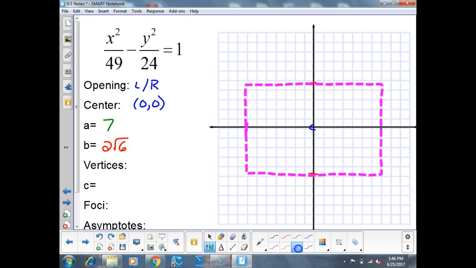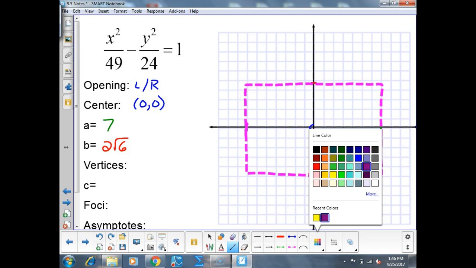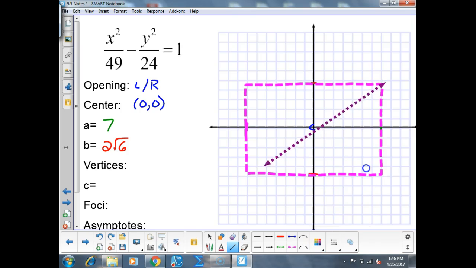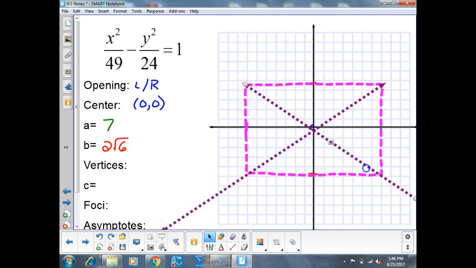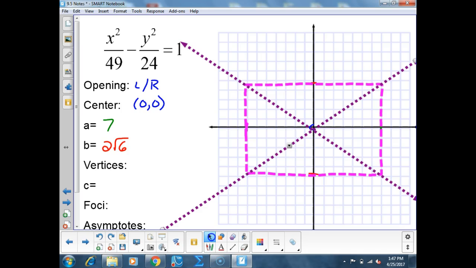Okay. Draw in your diagonals. Slope of my diagonals.